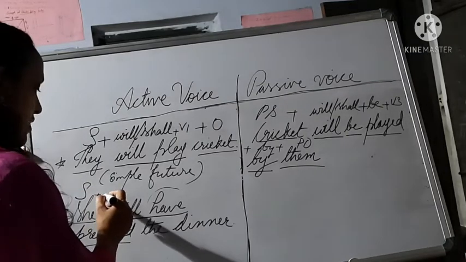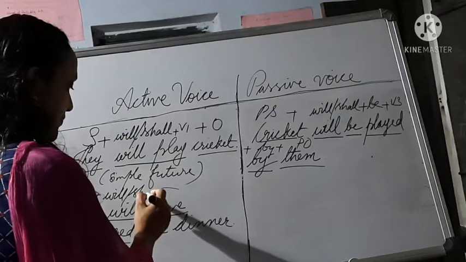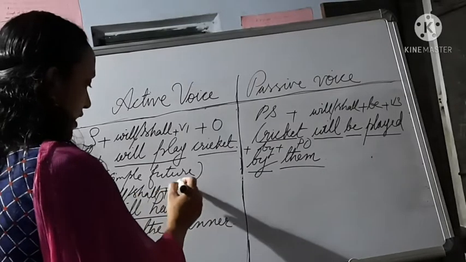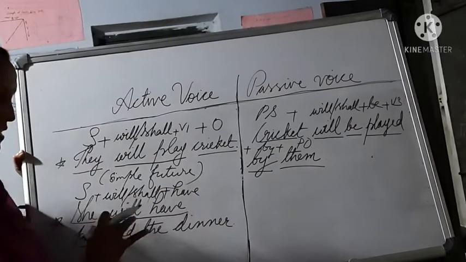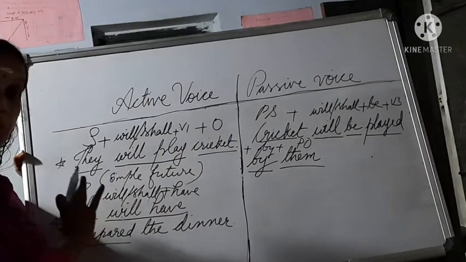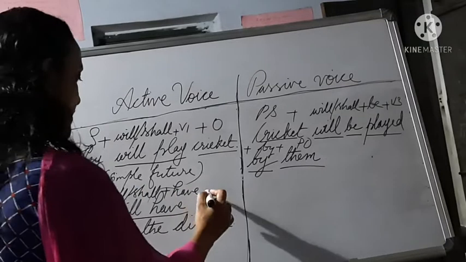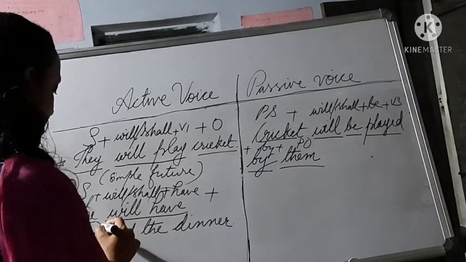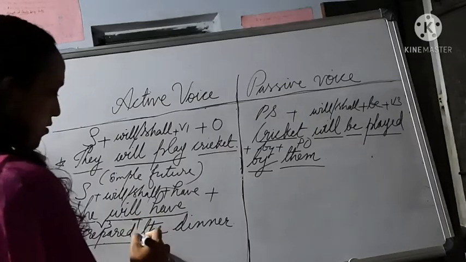So the rule is will or shall plus have plus, here only have, no has. After will or shall, you can see only have, no has, only have. Will or shall plus have plus V3 plus object.